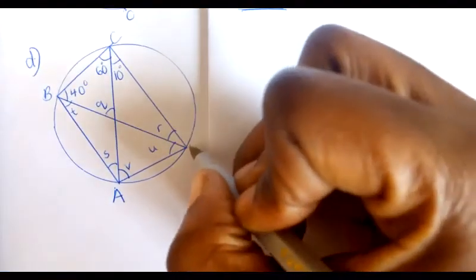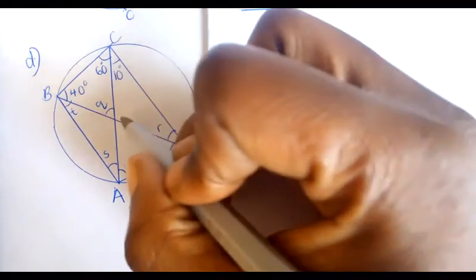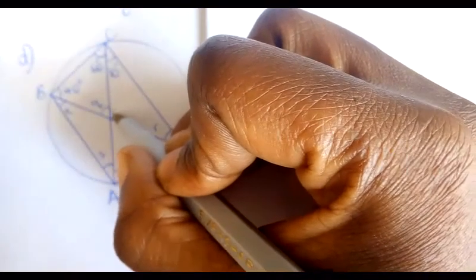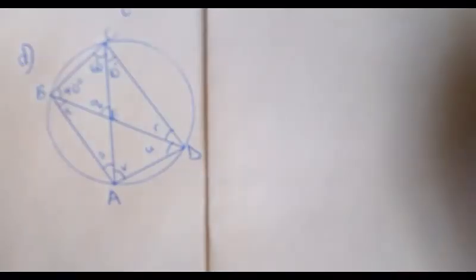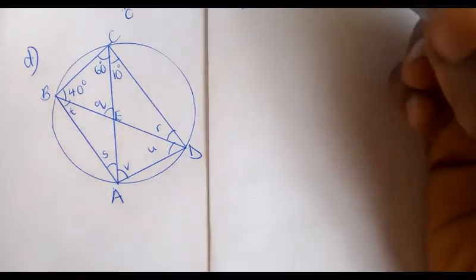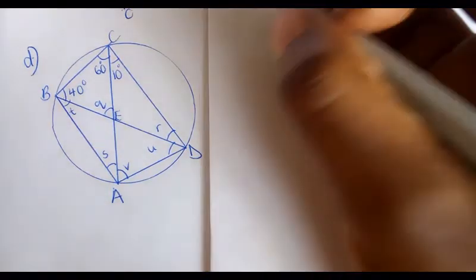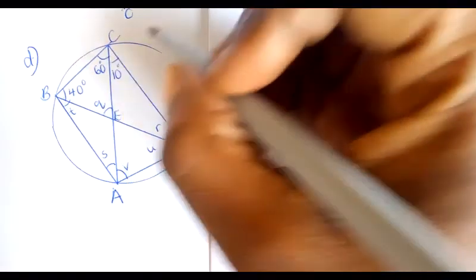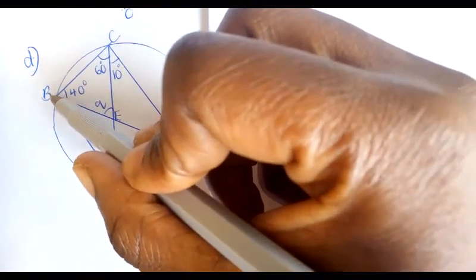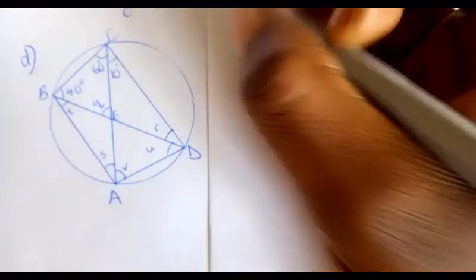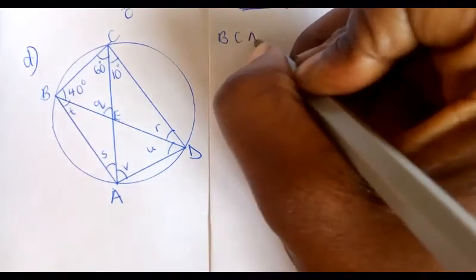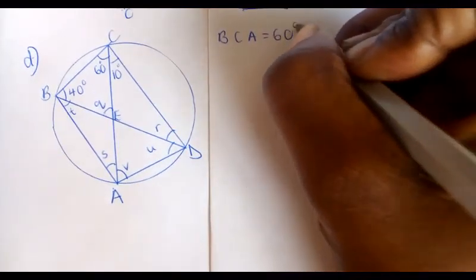Now for part D, the first thing that we do is name our points A, B, C, D, and we also name this point, since it is not a center, E. And now we write the angles that we have. The first angle is angle BCA, which is equal to 60 degrees.